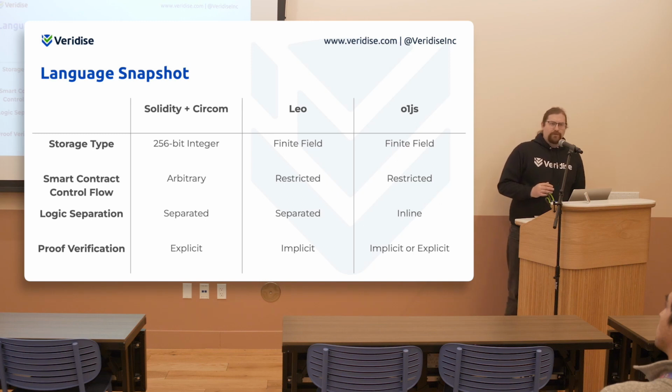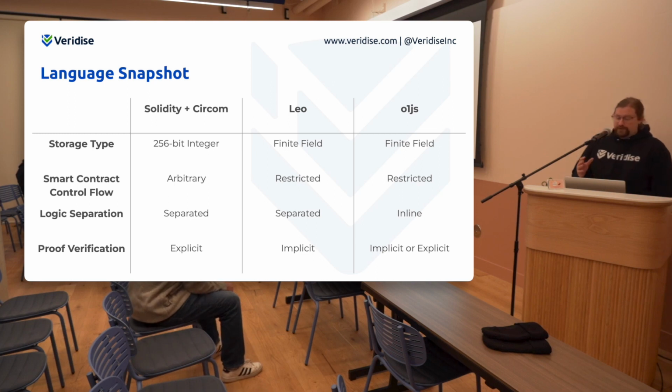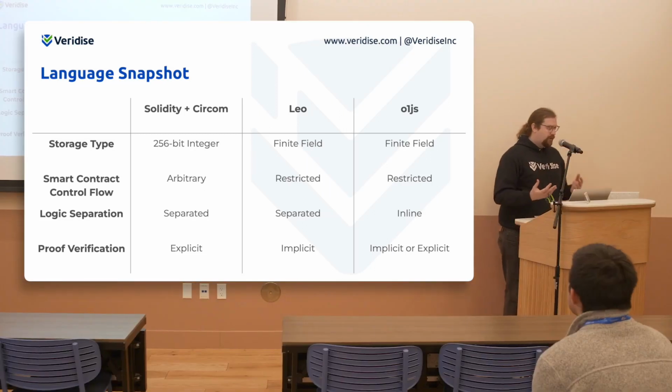There are a couple of different languages that we've seen here that use the exact same model as Aleo, and so I've got a snapshot of some of the other ones that we have worked with quite a bit. And we can look at some of the design decisions that have been made, because not all of them integrate with zk in exactly the same way.